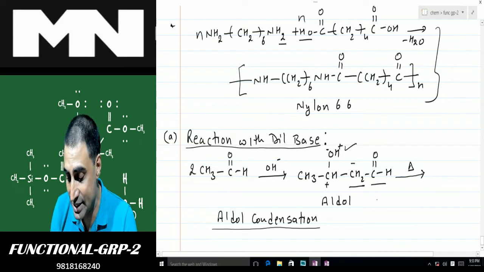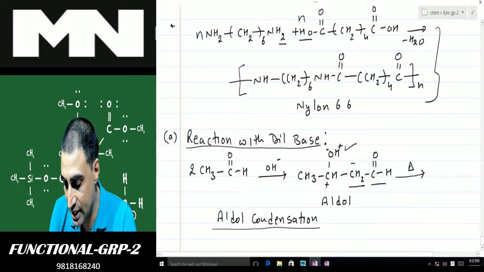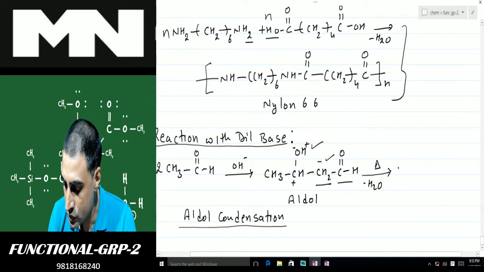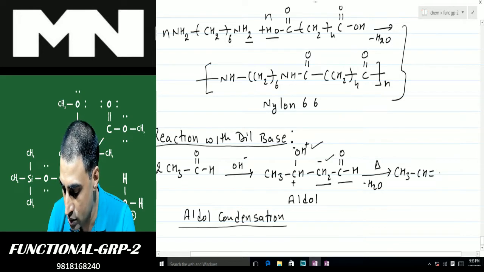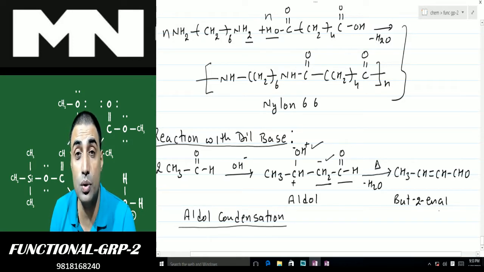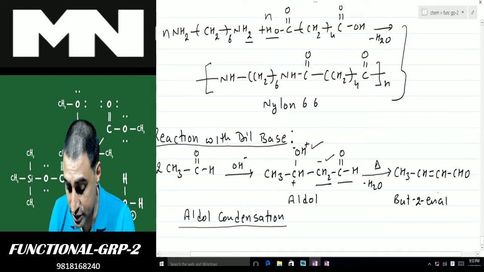When you heat this aldol, OH from this carbon atom and H from this carbon atom will come out as H2O. And you will get a compound like CH3CH=CHCHO. This compound is butenal or crotonaldehyde.